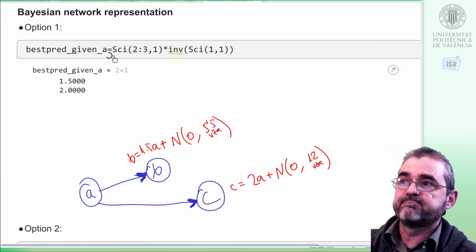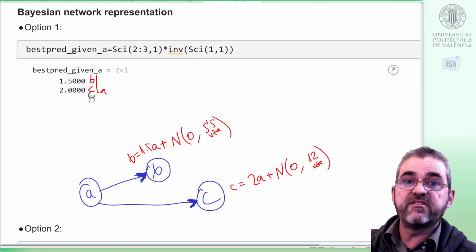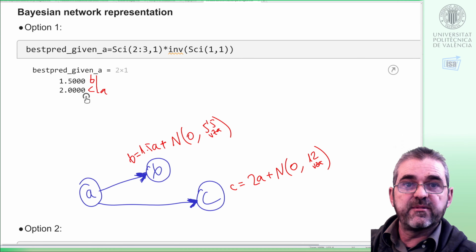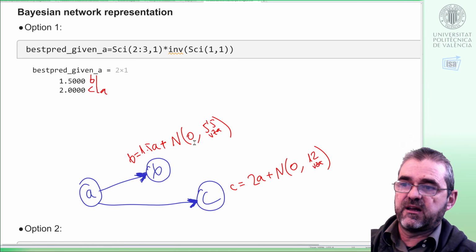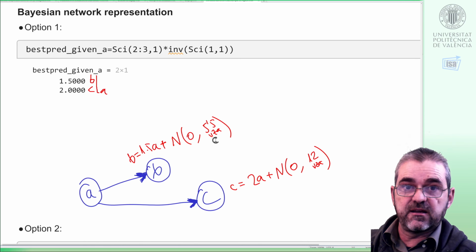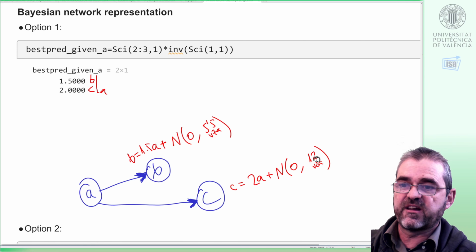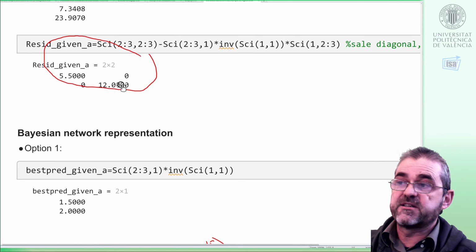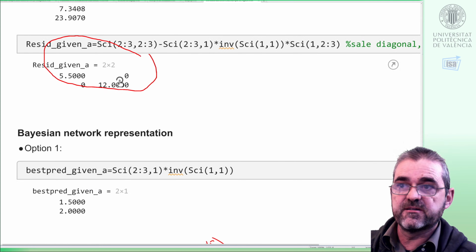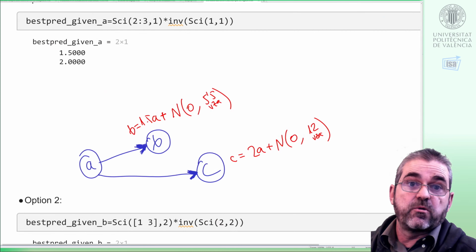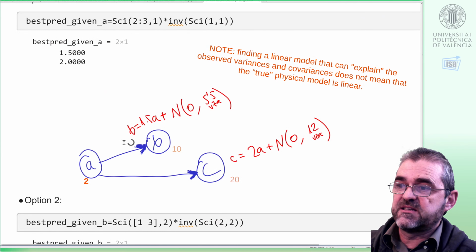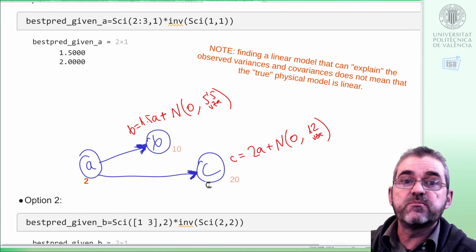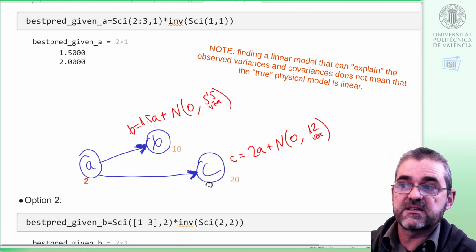So the best prediction of B and C given A is A times 1.5 for B and A multiplied by 2 in the case of C. So this is the model, 1.5A and 2A, and the residual thing that A cannot predict is something of variance 5.5 and 12 arising from these expressions here. But as correlation does not imply causality, this would be the Bayesian network adapted to the case that my input to my statistical inference is A.